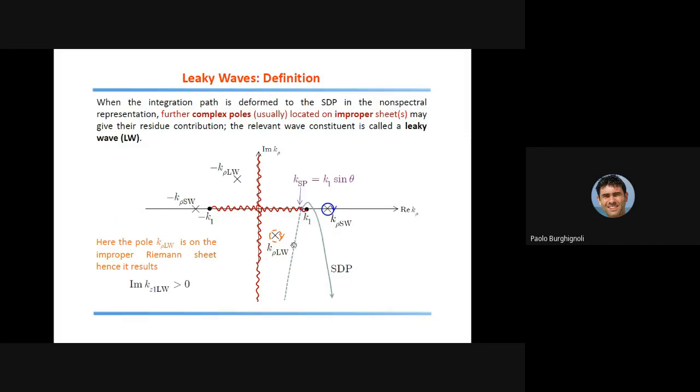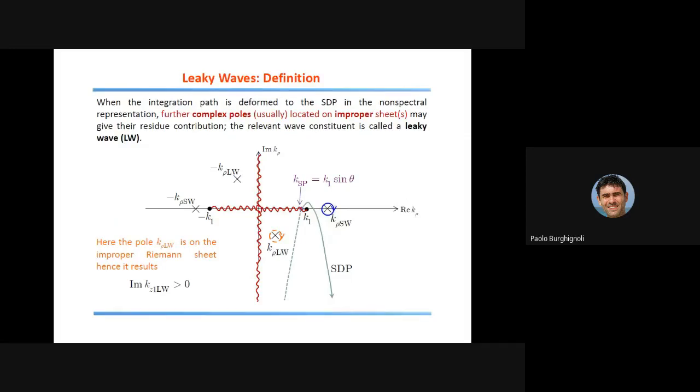Okay. Note that since we are in the improper Riemann sheet, the imaginary part of the vertical wave number of the leaky wave is now positive, which means that the wave is not exponentially attenuated at infinity in the vertical direction, but rather it exponentially increases at infinity in the vertical direction.